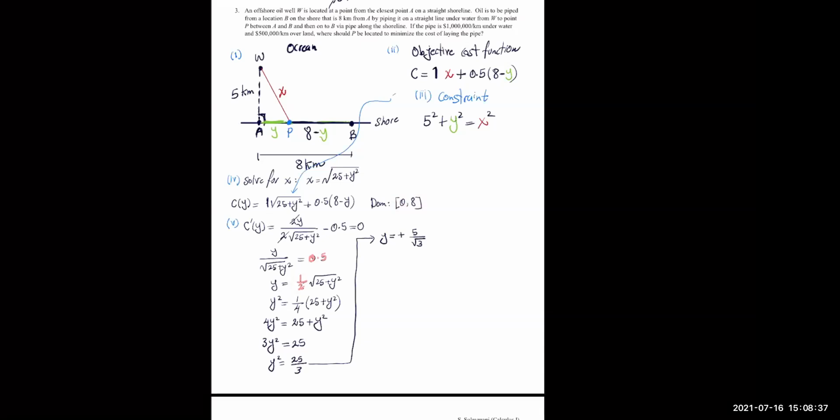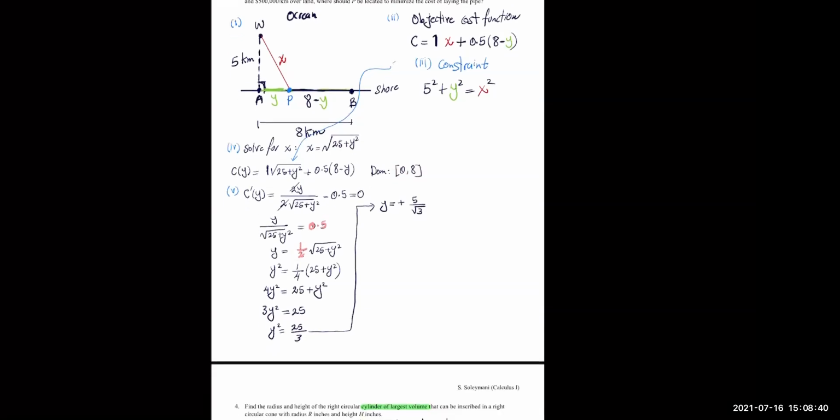So just plug in cost at 0. We want cost at that critical point and cost at the other endpoint. Okay.